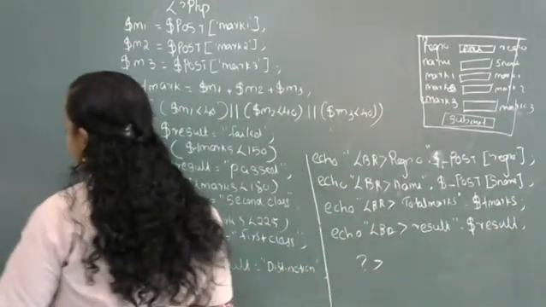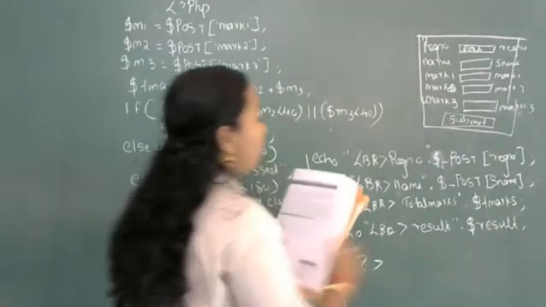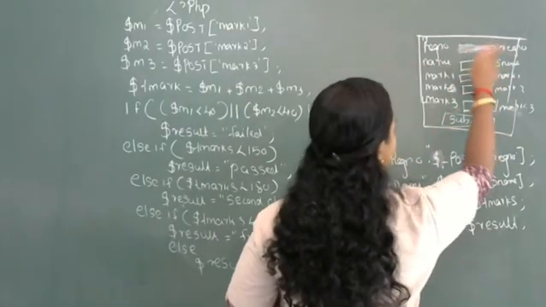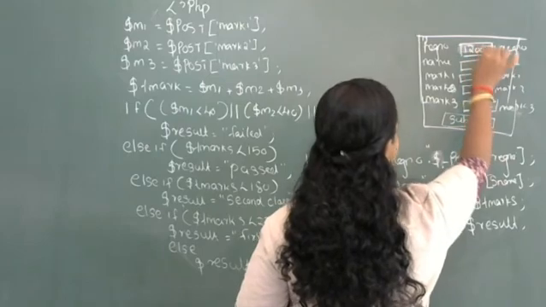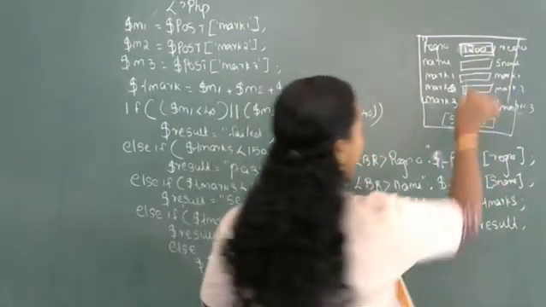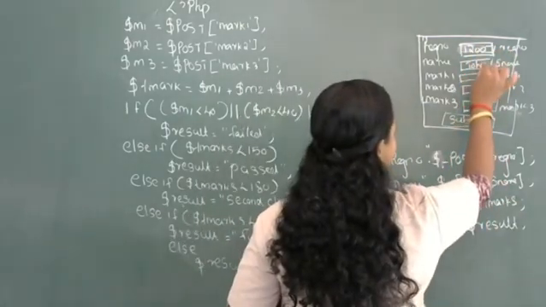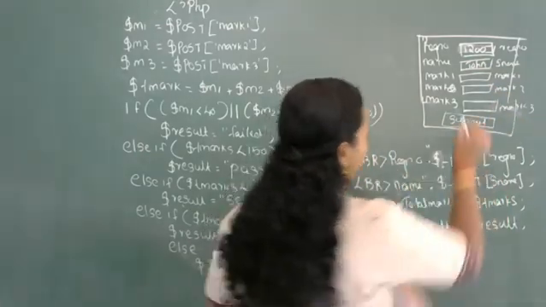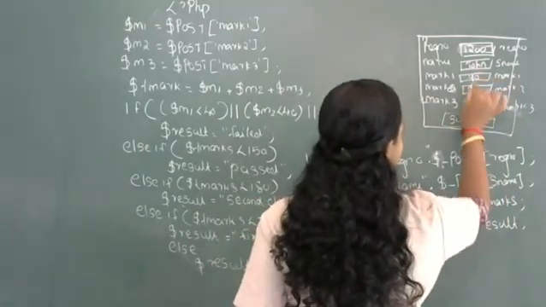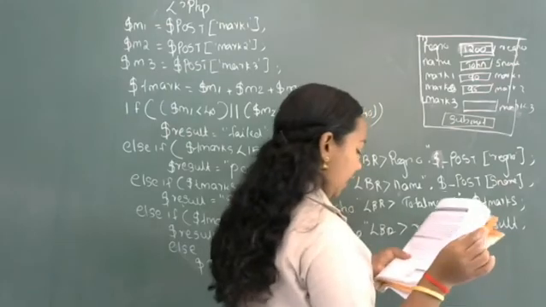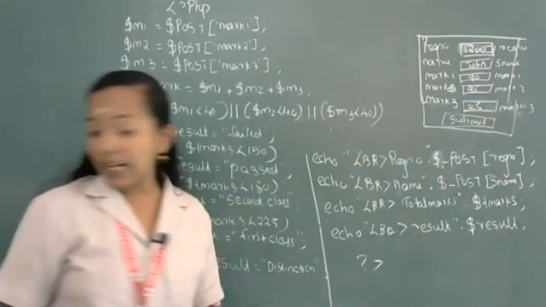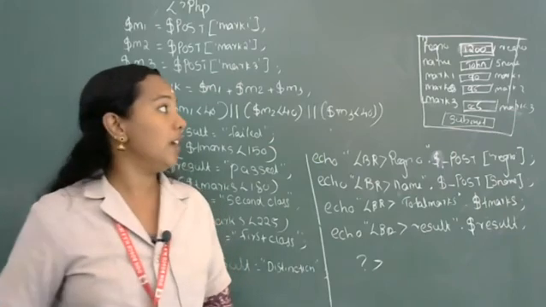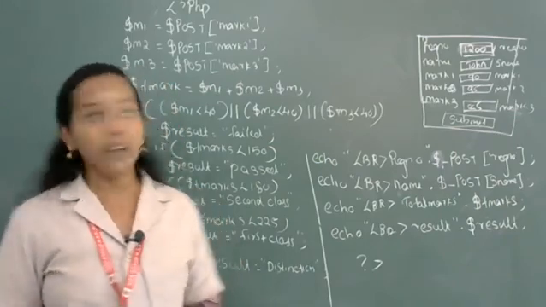Then register number of the student is 1200. Then the marks obtained 90, 95 and 85. Here I typed the marks of the student 90, 95 and 85.